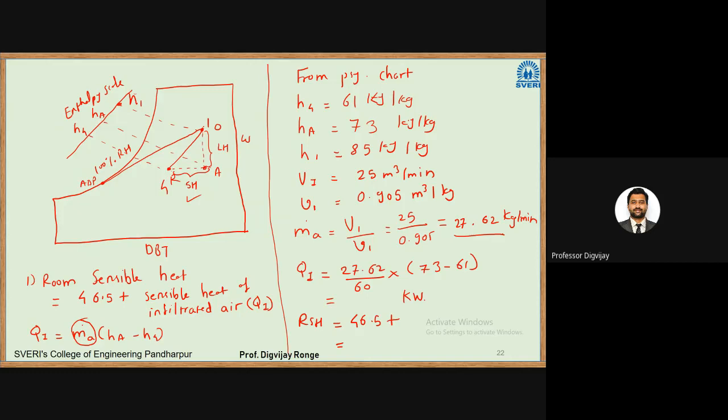So calculate the Qi and then calculate the RSH, the room sensible heat.